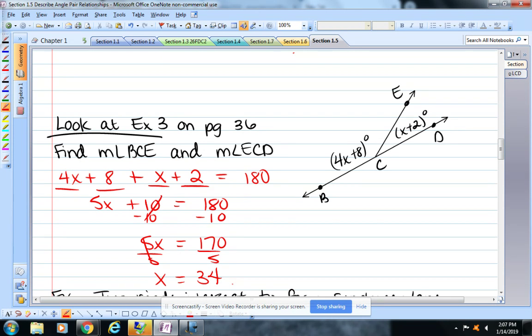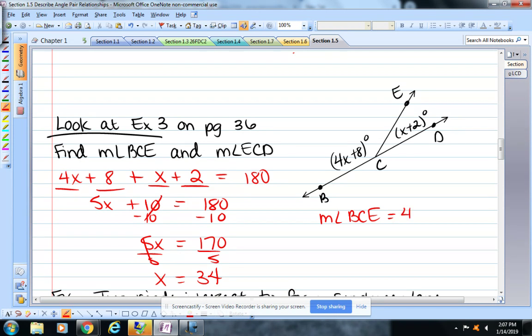The question said to find the measure of angle BCE, which is this angle, and the measure of ECD, which is this angle. Okay? So let's just find the first one first, the measure of angle BCE. How can I do that now that I know what x is? Plug in x for x. I have 4x plus 8, right?